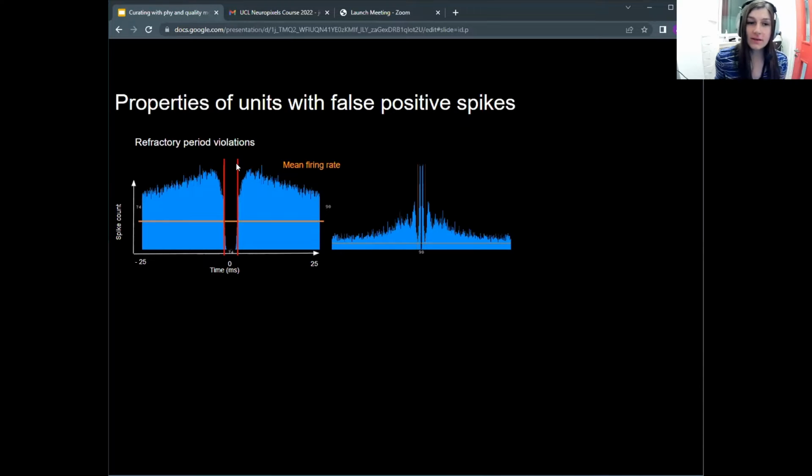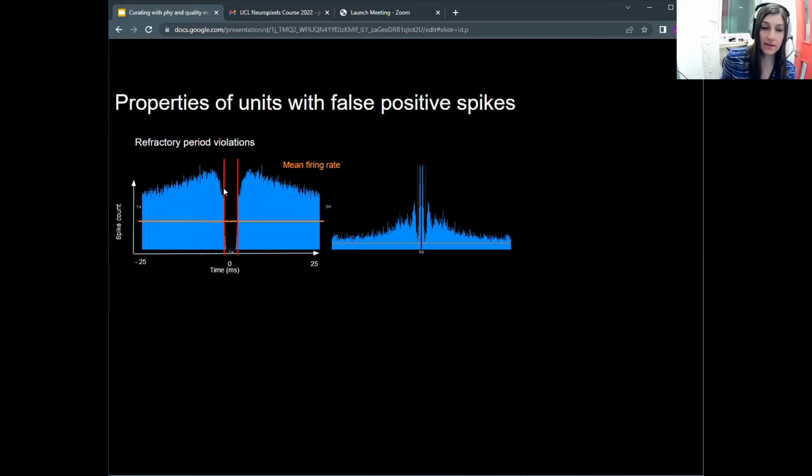One of the first things that can clue you in to the fact that there's potentially some contamination in your unit, and not all the spikes come from the same neuron, is if there are refractory period violations. Usually neurons have a refractory period of about 2 milliseconds, but it really depends on the specific neuronal subtype you're looking at. You can see this in the autocorrelogram, which is what's plotted here for one unit on the left.